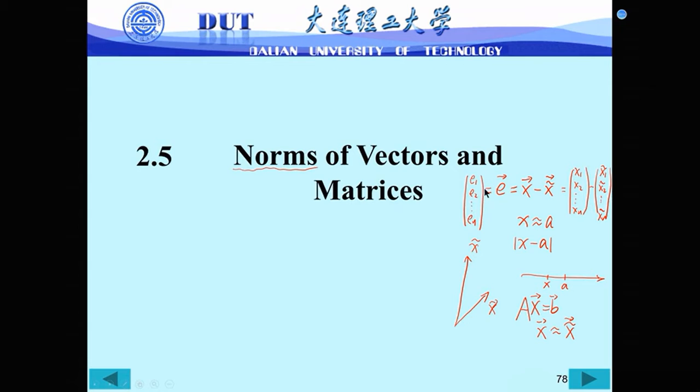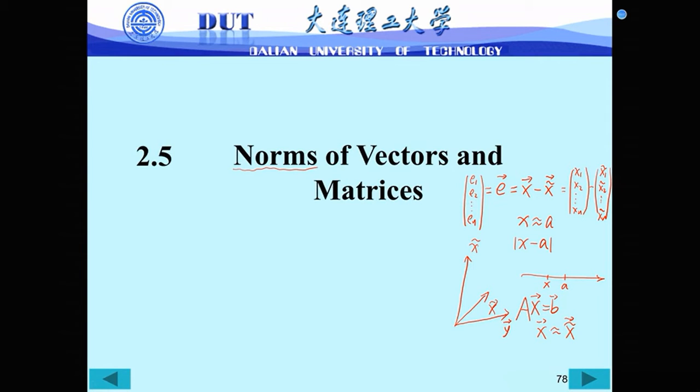We need to estimate the error. Usually it's better to just use a number to estimate the error. And also if we obtain another vector, I denote this vector by y.